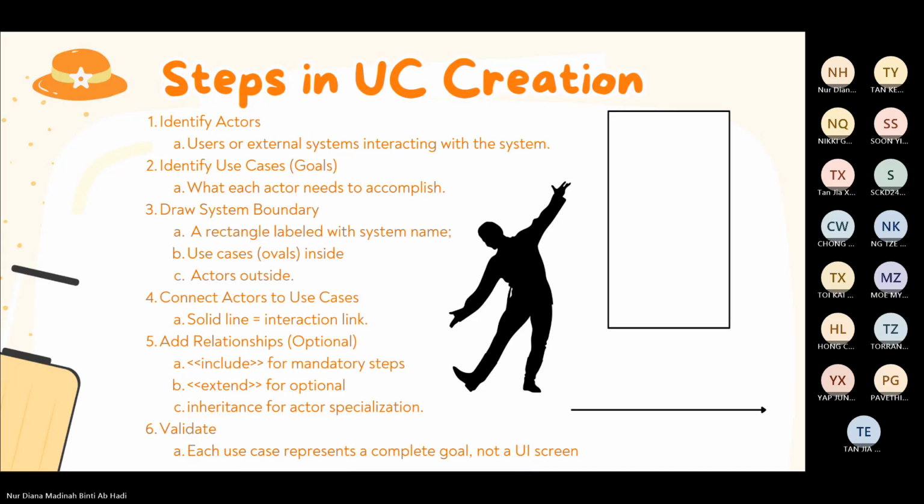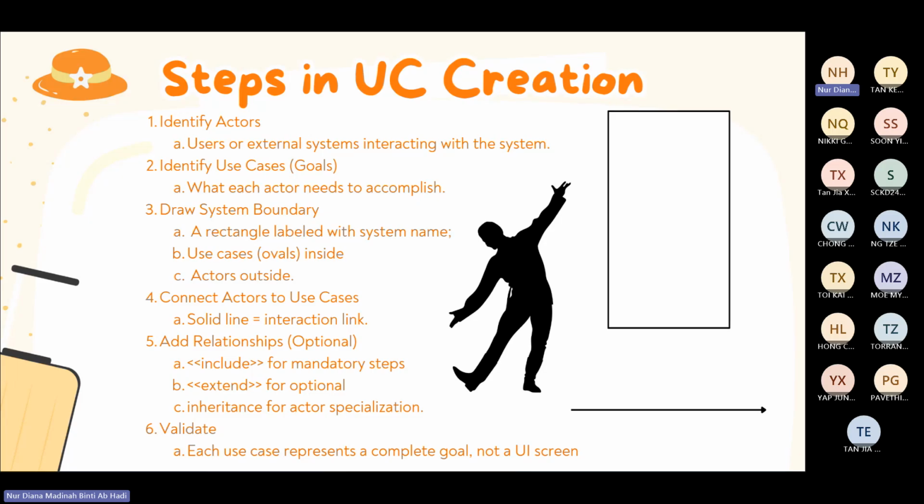Okay? So, the big rectangles. So, for the actors, you need to identify them. Why? Because they would be the users or external systems that will interact with your own system. And then you need to identify the use cases, what your actor needs to do. For example, log in, borrow books, eating, what else?